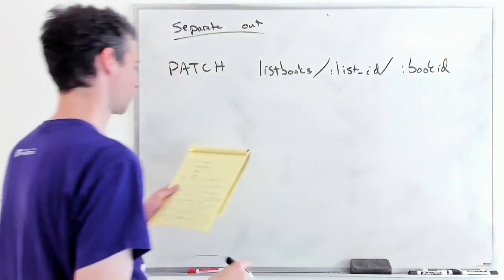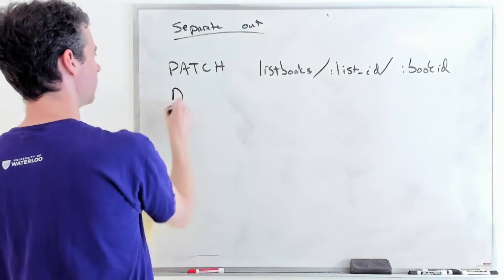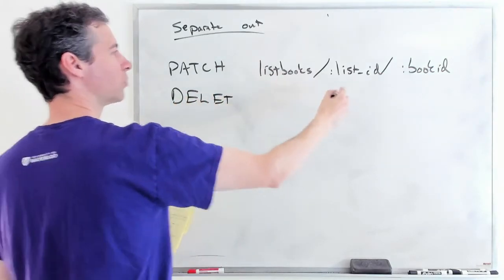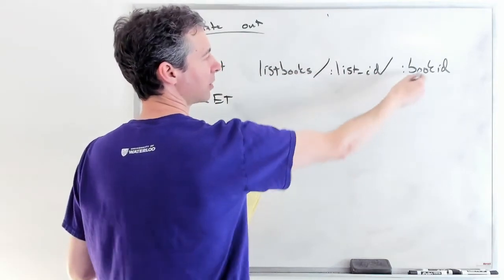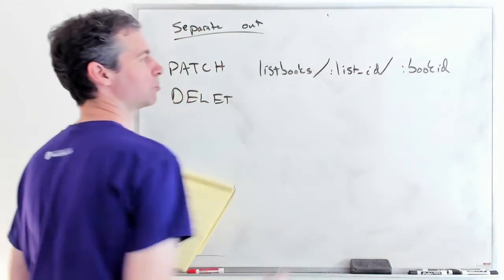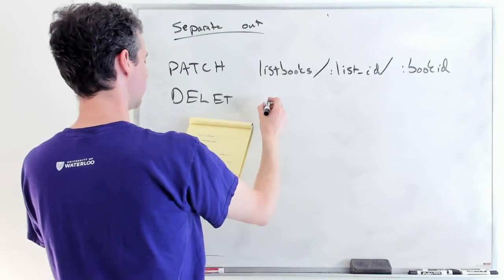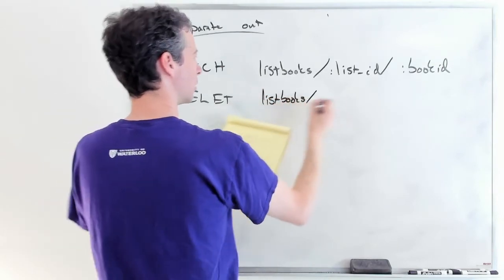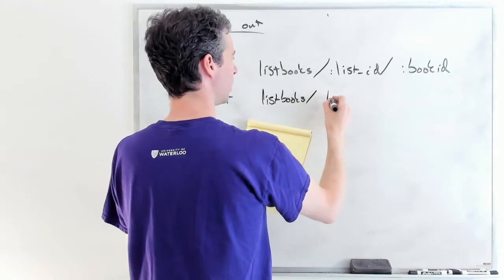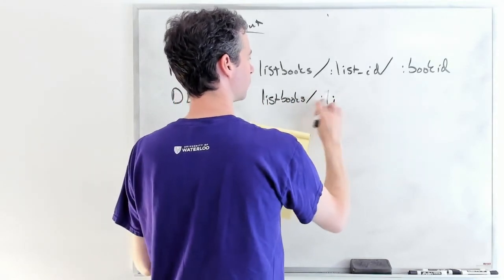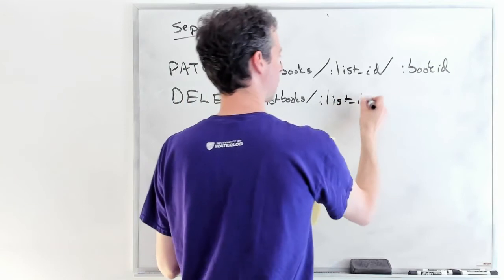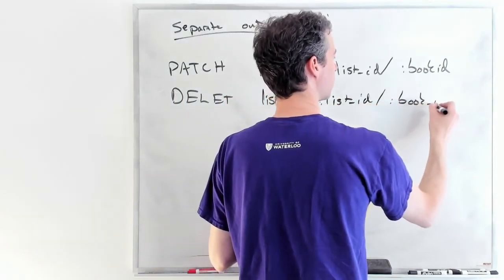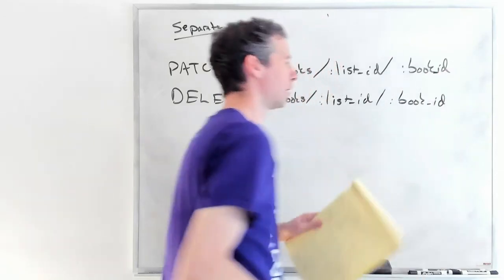I could do that, and then you've got some controller, and when it gets this request, it's going to be sure that the book is on the list ID on that reading list. And when your controller gets a delete for this, you get rid of that connection.